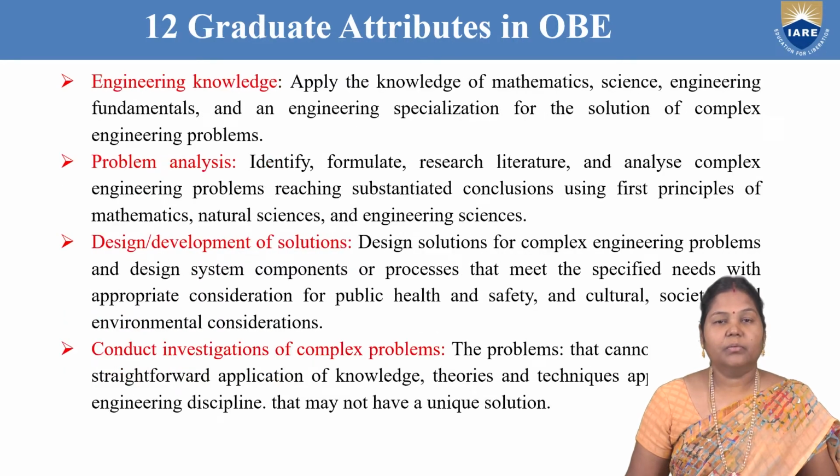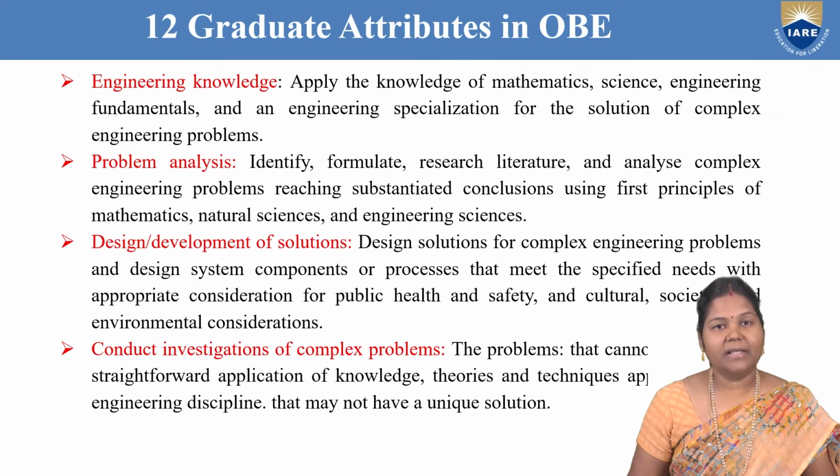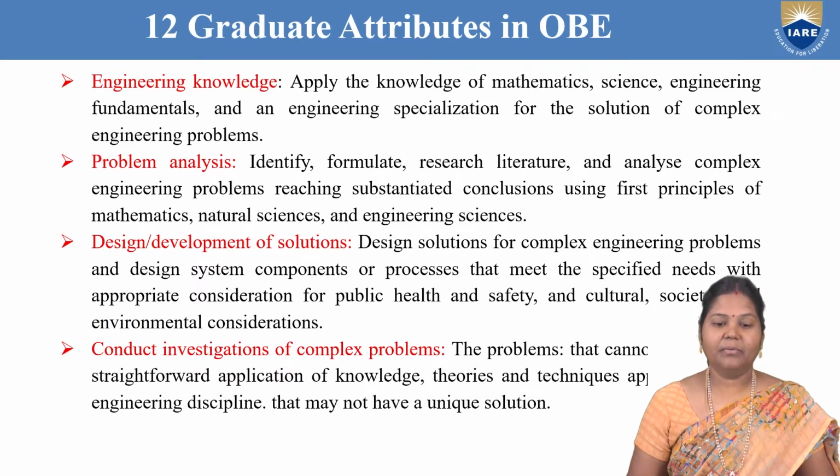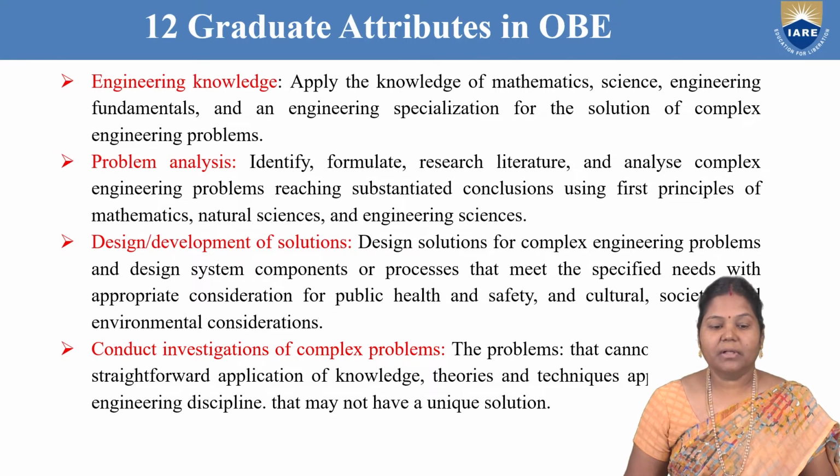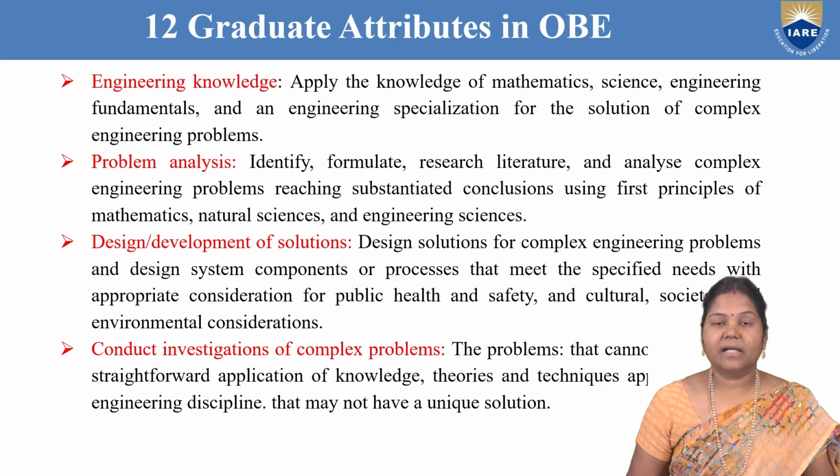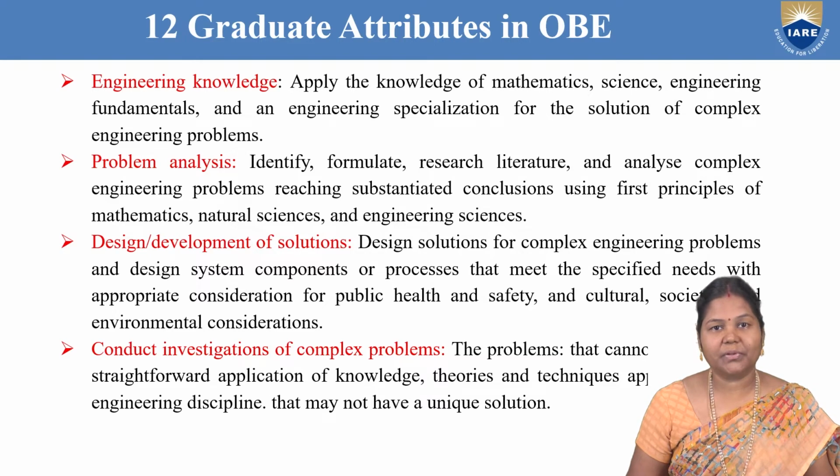Now, we should understand the first graduate attribute, that is called engineering knowledge. In this particular PO, that is program outcome, the student should apply the knowledge of mathematics, science and engineering fundamentals and any engineering specialization for providing solutions for various complex engineering problems.